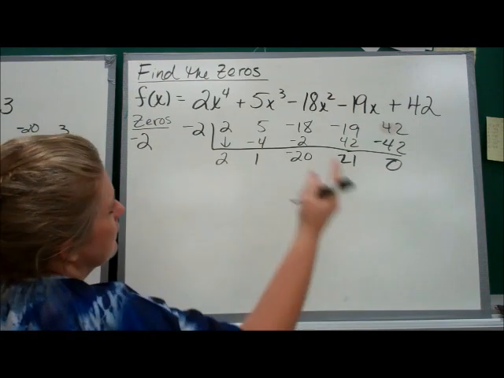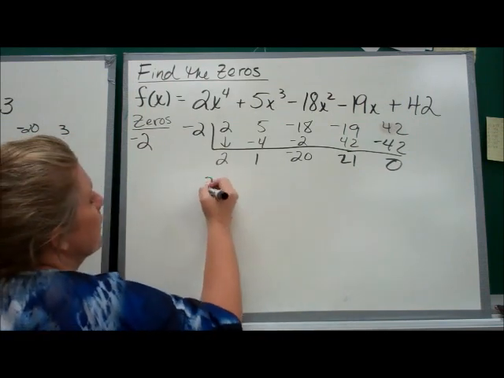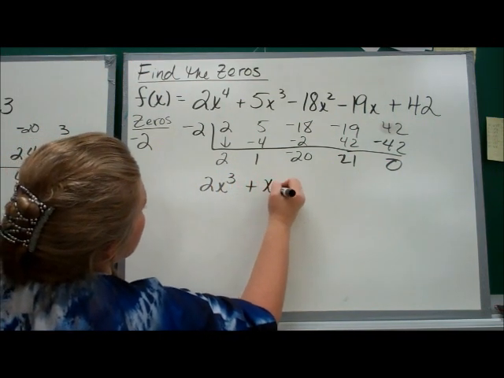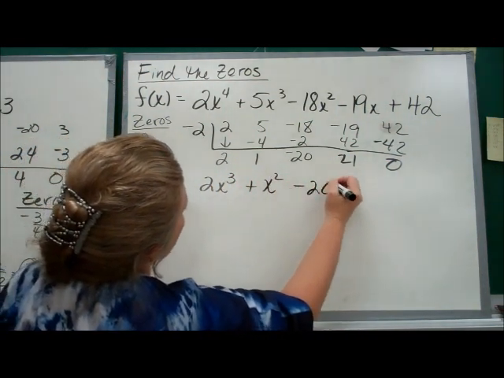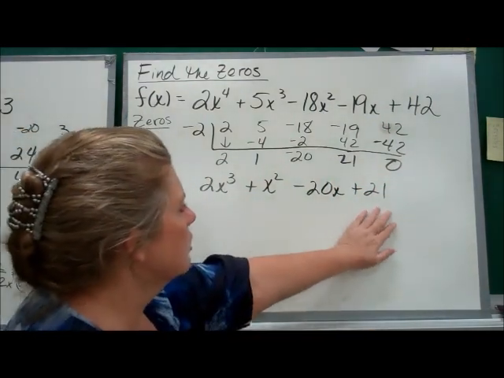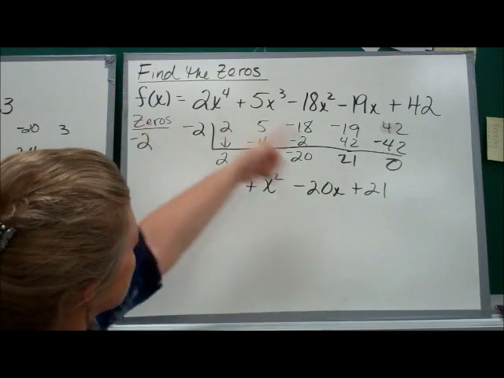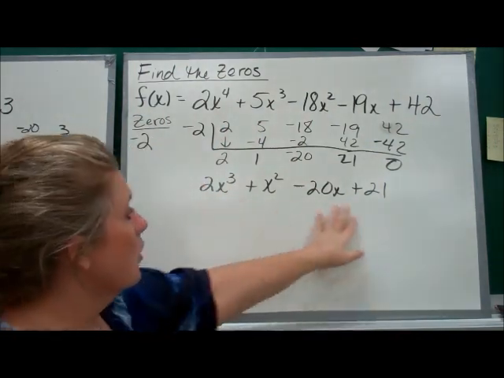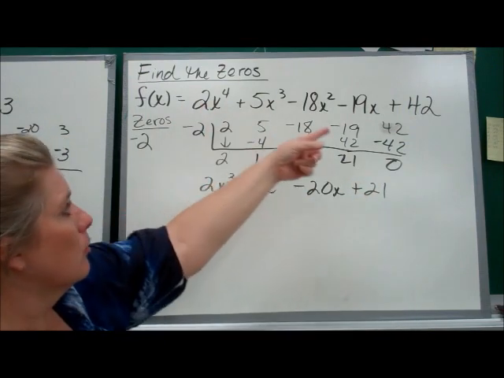The quotient when I divide by the -2 is 2x cubed plus x squared minus 20x plus 21. So now this is my new quotient. So if I can find another 0, I can divide this by it, because a 0 of this actually has to be a 0 of that.